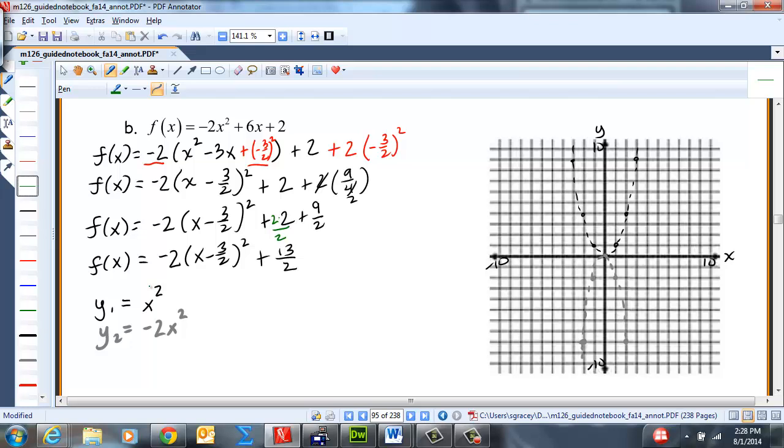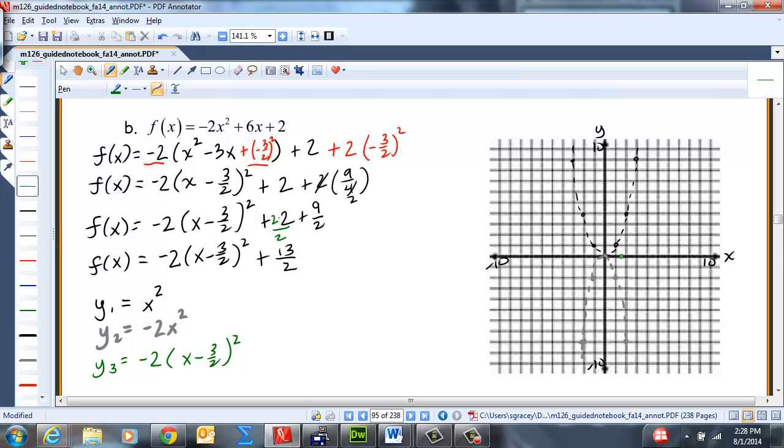So now, I guess in green, I'm going to do that horizontal shift. So y3 is going to be negative 2 times the quantity x minus 3/2 squared. So each of these y values, I'm going to move which way? Good, to the right by 3/2. So 3/2, remember, is 1.5.